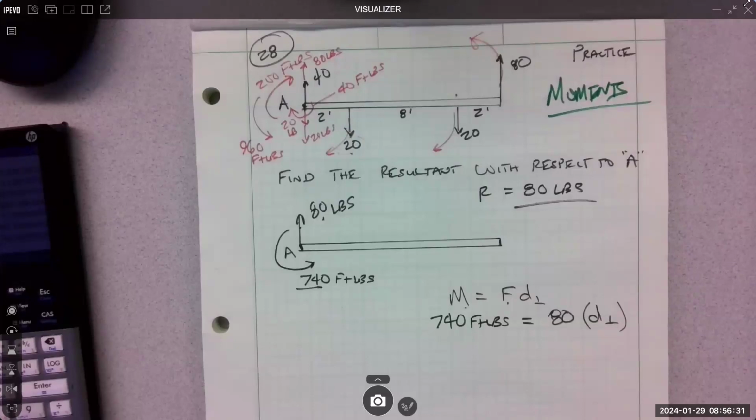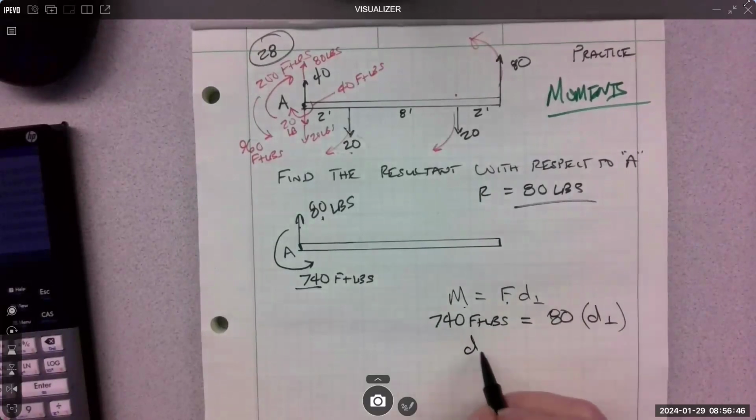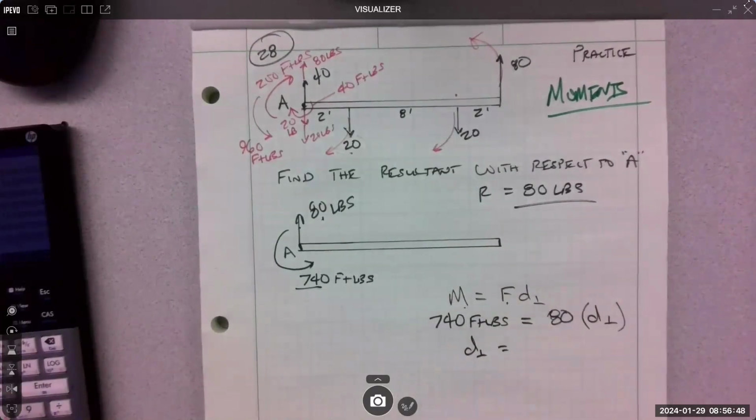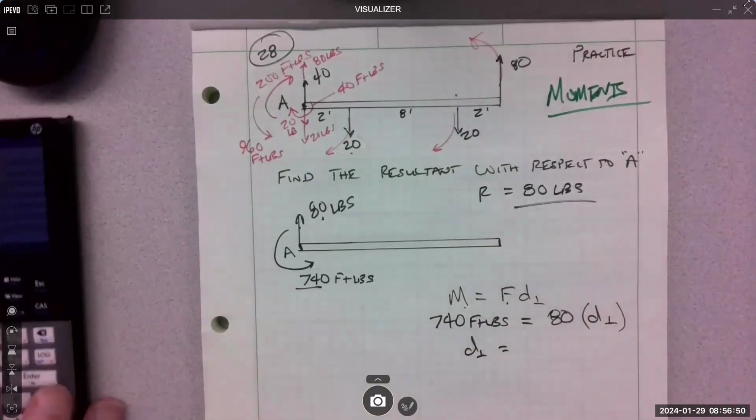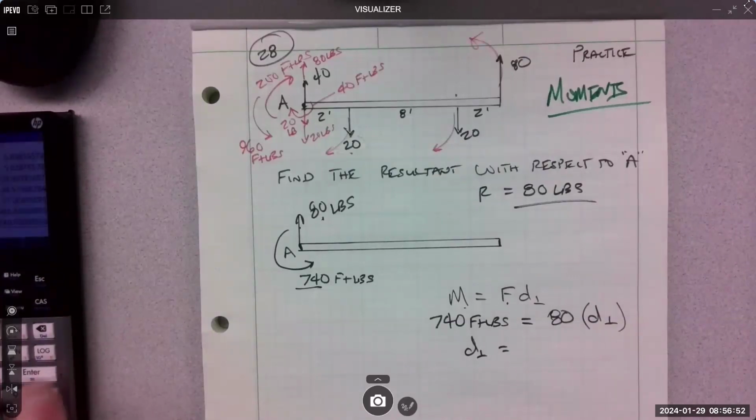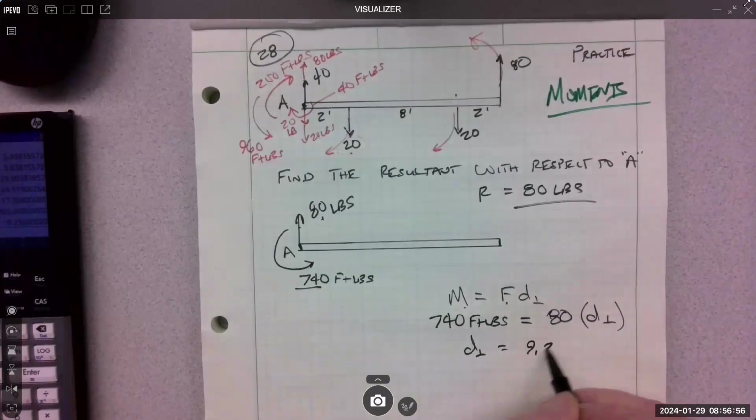I know the resultant moment is 740. I know the resultant magnitude vector is 80. So I can put them into this equation and determine where this resultant is. 740 divided by 80. 9.25 feet.